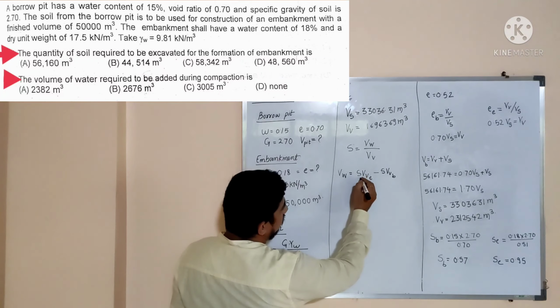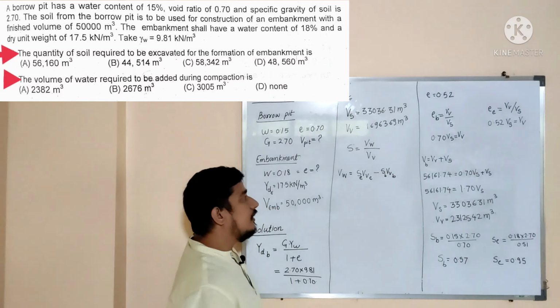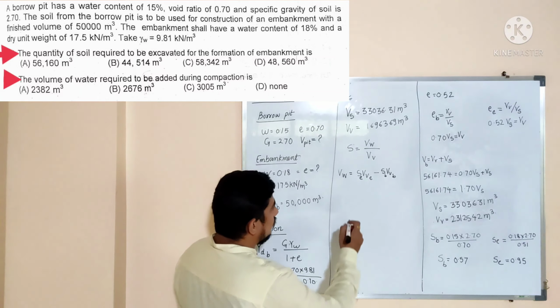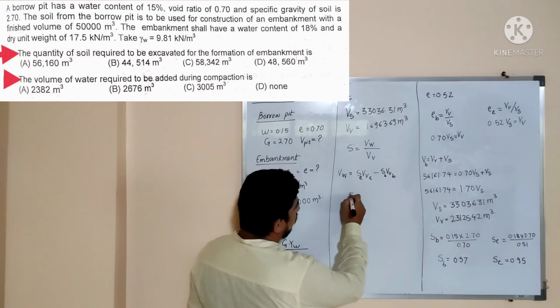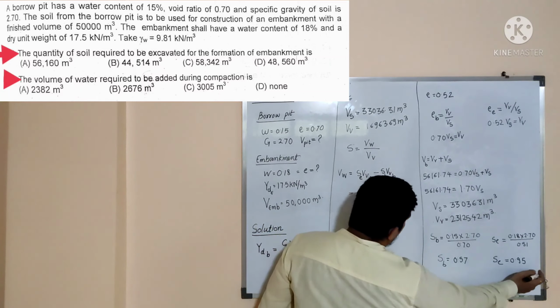The S here is nothing but SE, and here it is SB, that is the degree of saturation at the borrow pit. So the volume of voids in the case of the embankment is like this, and the degree of saturation is 0.95.